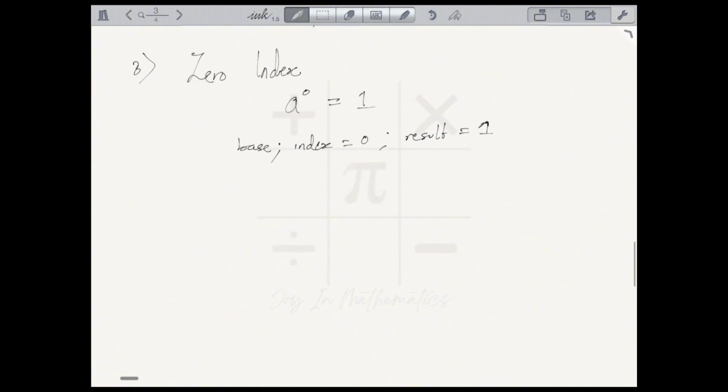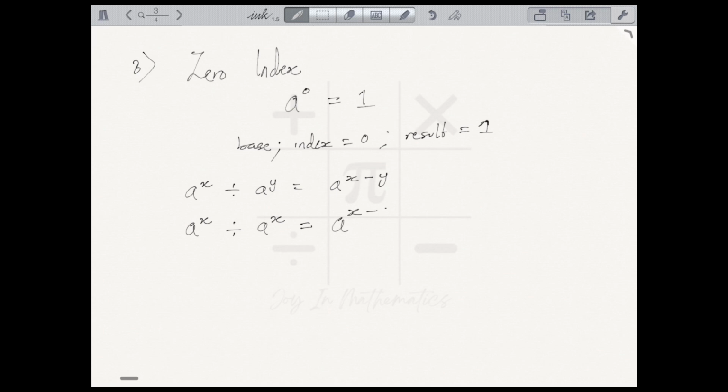We recall from our subtraction law that a raised power x divided by a raised power y is equal to a raised power x minus y. Now, let's take that we have a raised power x divided by a raised power x, and since it is subtraction law and we are subtracting the index, this will give us a raised power x minus x.